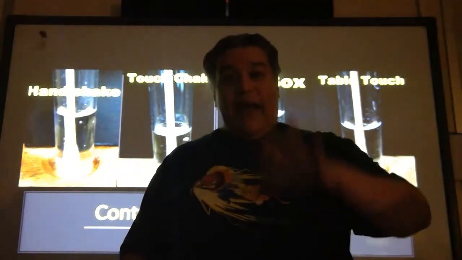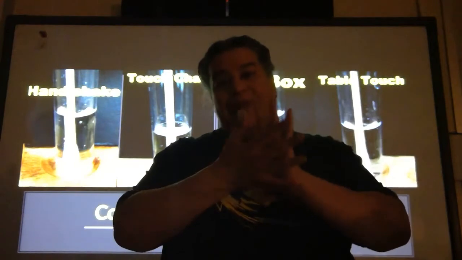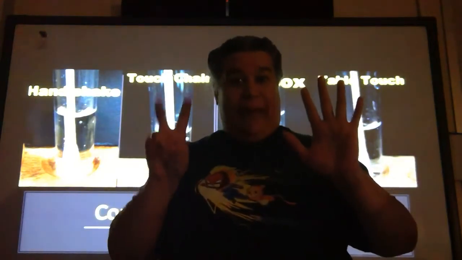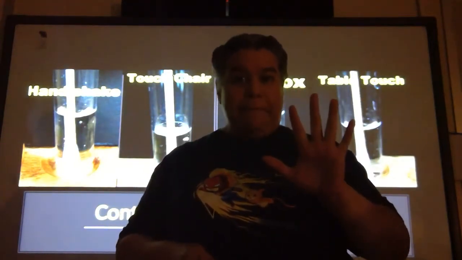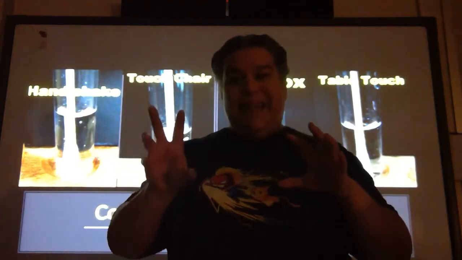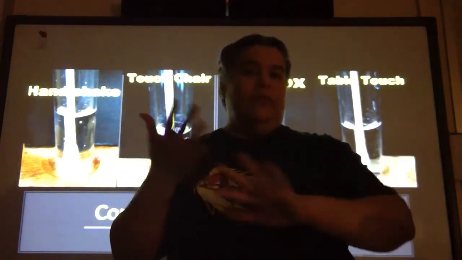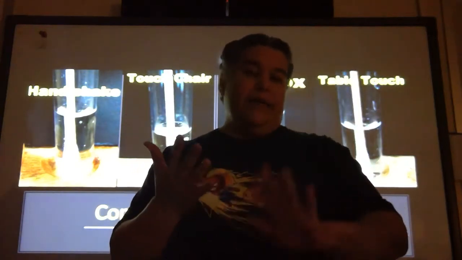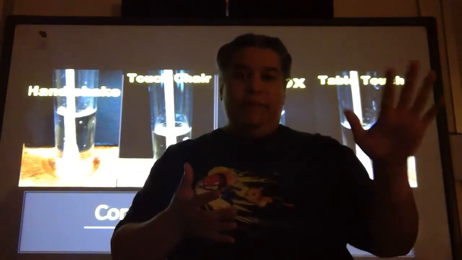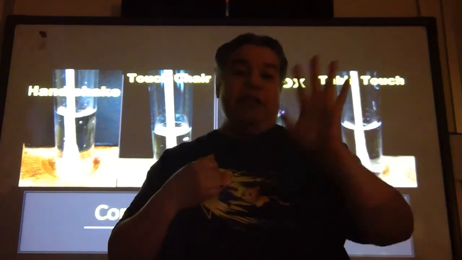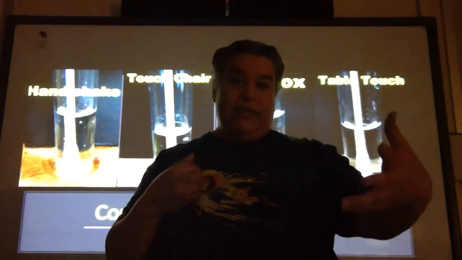Meaning that as multiple things were touched, I had less and less bacteria or pathogen on my hand. Since our reaction is getting smaller as I go, I'm releasing or depositing pathogen, leaving less on my hand to deposit in the next or following touch.